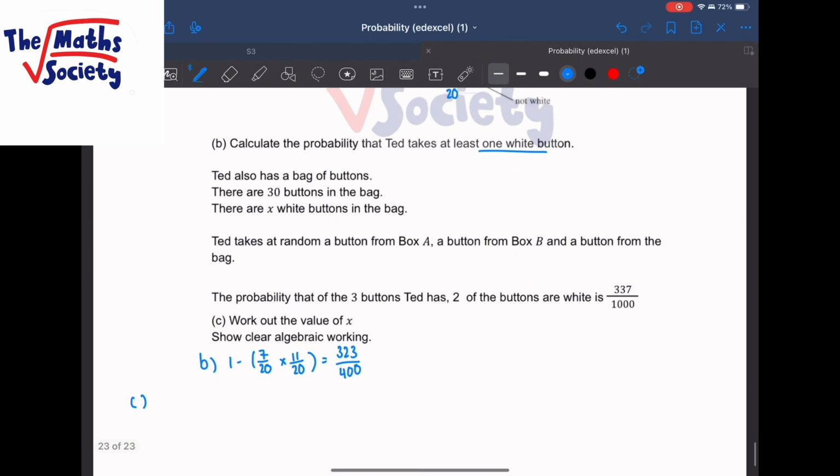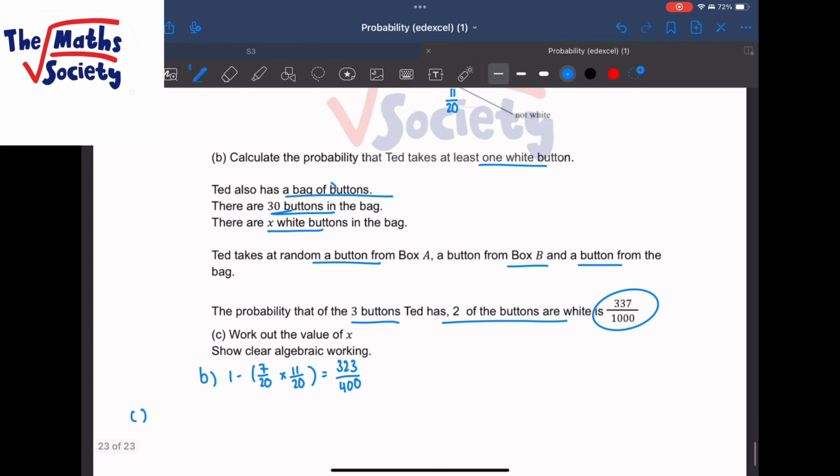It says that Ted also has a bag of buttons, 30 buttons in the bag, x white buttons. Takes out a random button from box A, a button from box B, and a button from the bag. The probability that 2 of the 3 buttons are white is 337 by 1000. So we have to make sure that at least 2 of them are white. So we need a combination of white, white, not white, or white, not white, white, or not white, white, white.